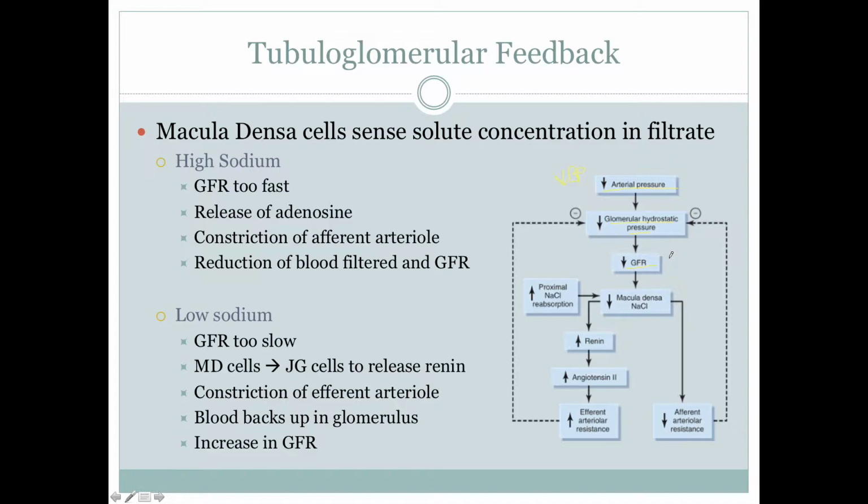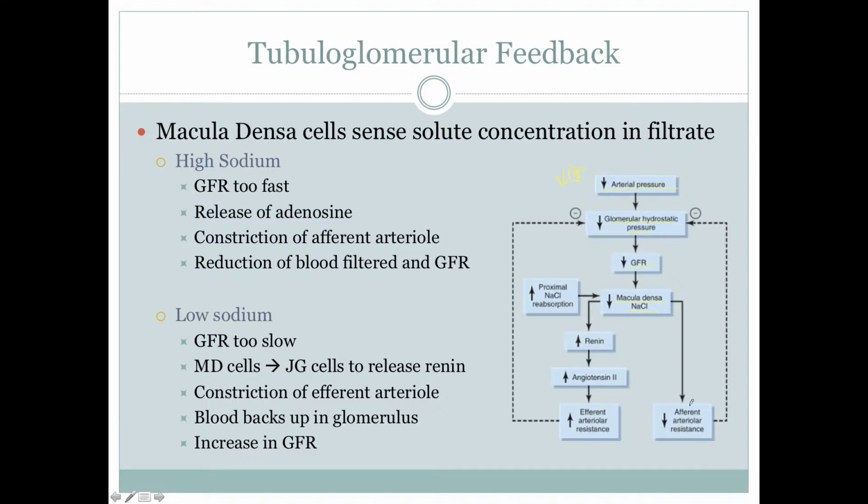What that means is that you're going to have more buildup of byproducts in the blood because they're not being filtered. So when the GFR is low, we have more retention of filtrate that we would normally put in the urine, and that is going to trigger the macula densa cells, which look at levels of sodium chloride. The macula densa cells are going to trigger the release of renin, angiotensin, and then decrease resistance.